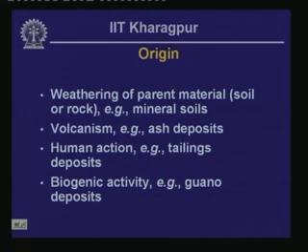All right. Now, origin of soils, how soils originate. Basically, the major processes involved there include weathering of parent material, which is essentially a pre-existing soil or rock mass, and these things give rise to a class of soils called mineral soils.